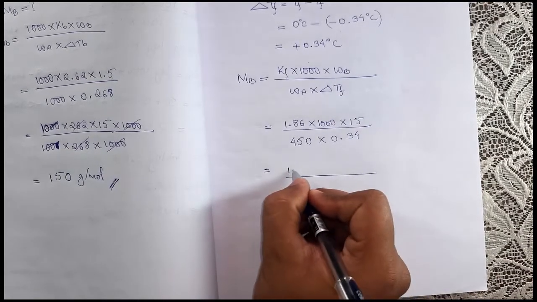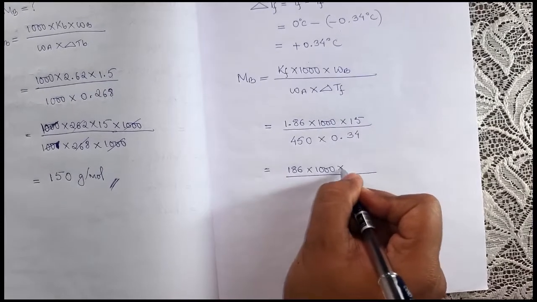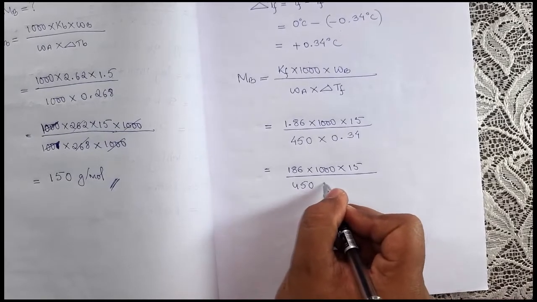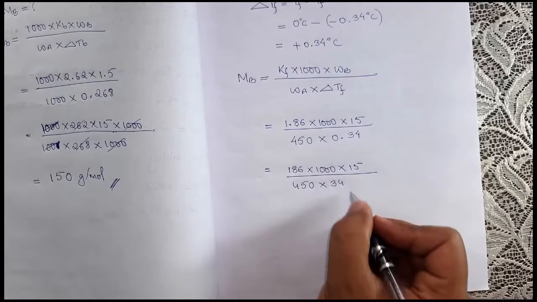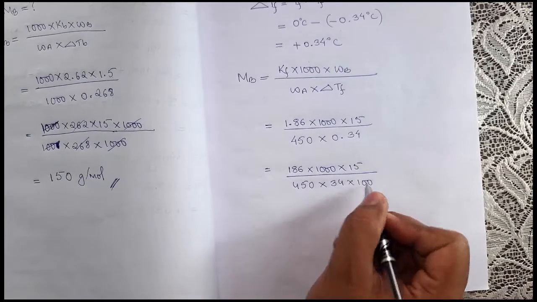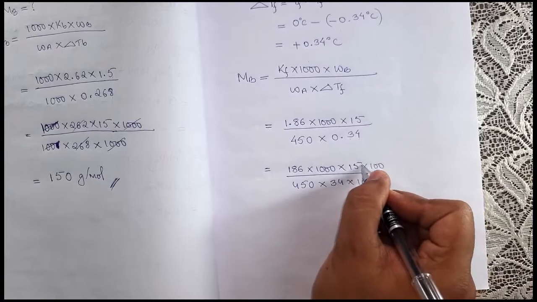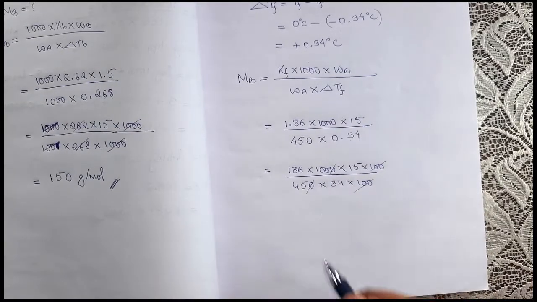So 186 into 1000 into 15, divided by 450 into 34. So after the point we have 2 digits, so I'll put 2 zeros below. After the point we have 2 digits, I'll put 2 zeros above. So I can cancel these two. I can cancel these zeros.